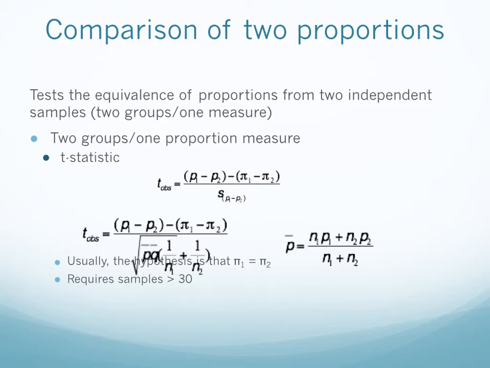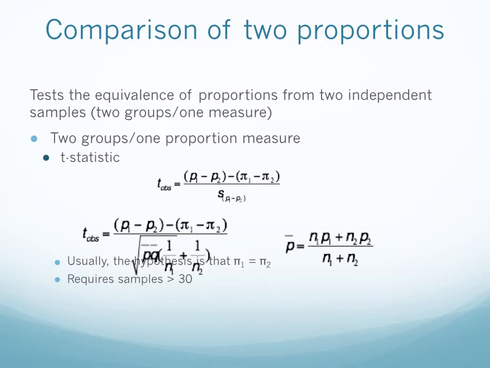So we've got two groups of people. We're looking at the proportion who give a certain response in each case. And the t statistic is given, for the observed from the sample data, as the difference between the two proportions relative to the hypothesized difference in the populations.